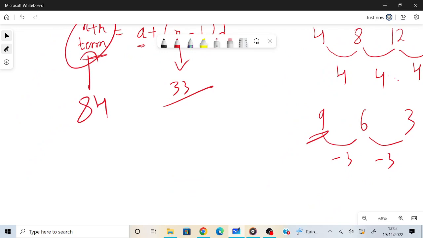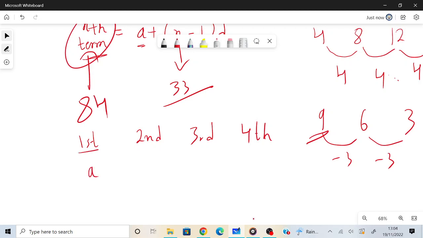Another key formula this brings us to is this: your first, your second, your third, your fourth. Let's say these are your terms. Your first term is always going to be A by itself.